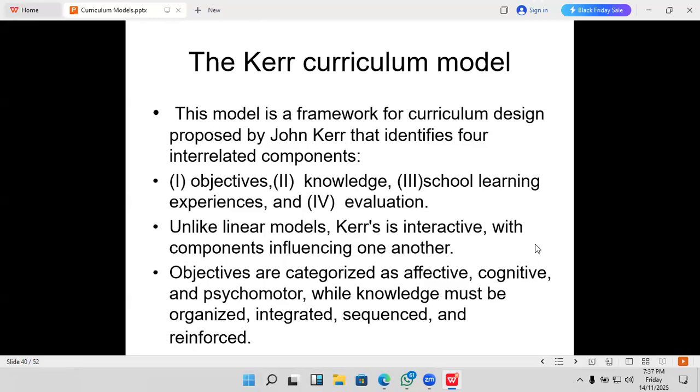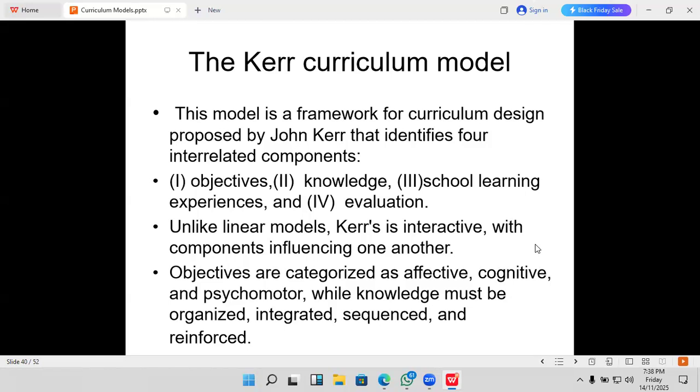While knowledge must be organized, integrated, sequenced, and reinforced. Some important message he has added. That is a good development, even though the basic idea is objective, knowledge, learning experience, evaluation of the learning experience. He has added one term, school learning experience.